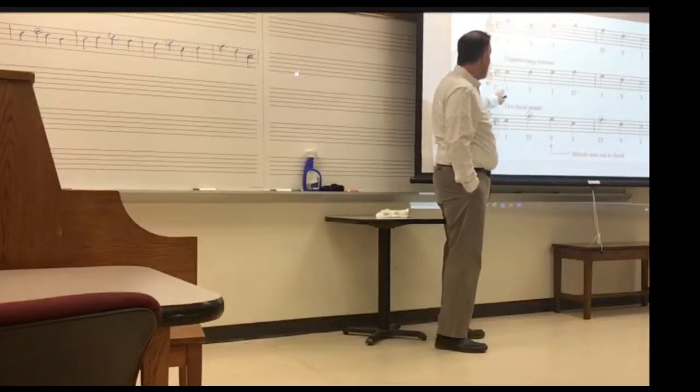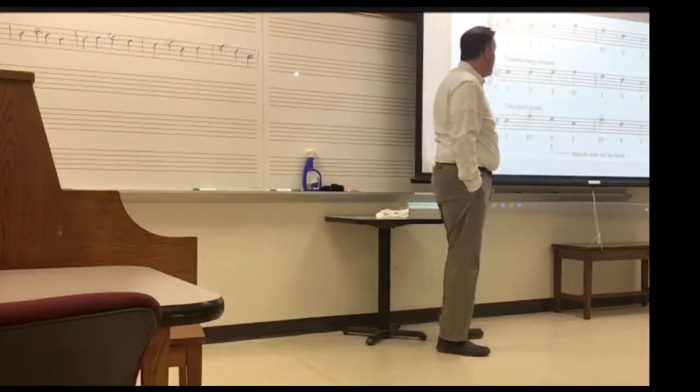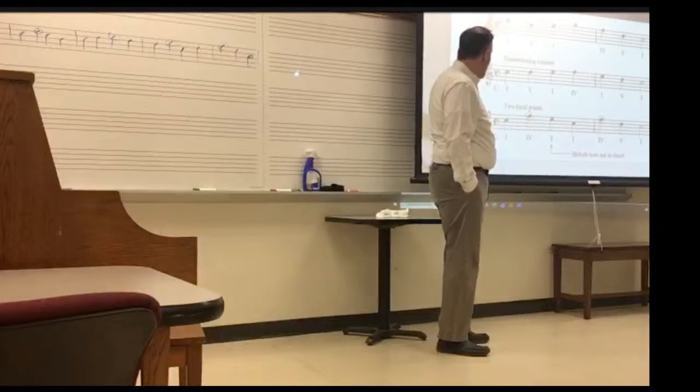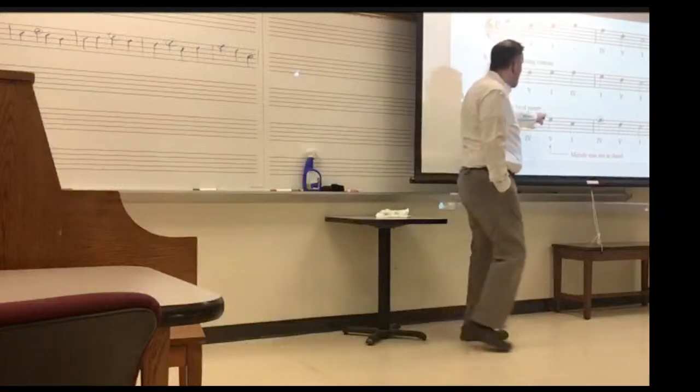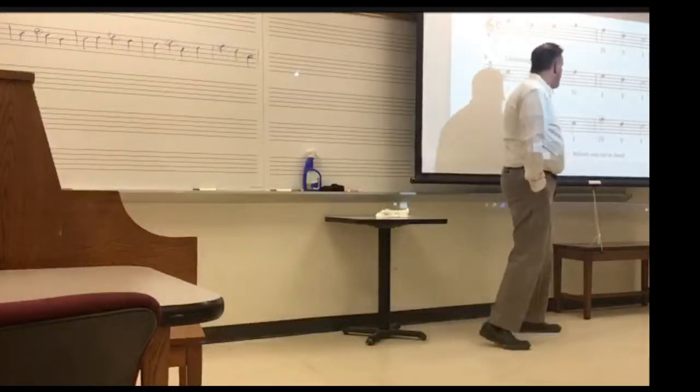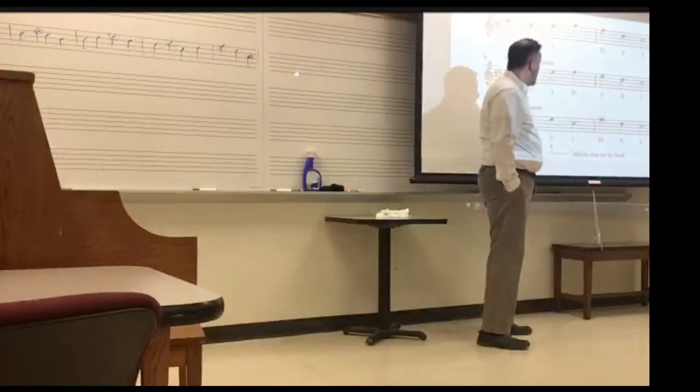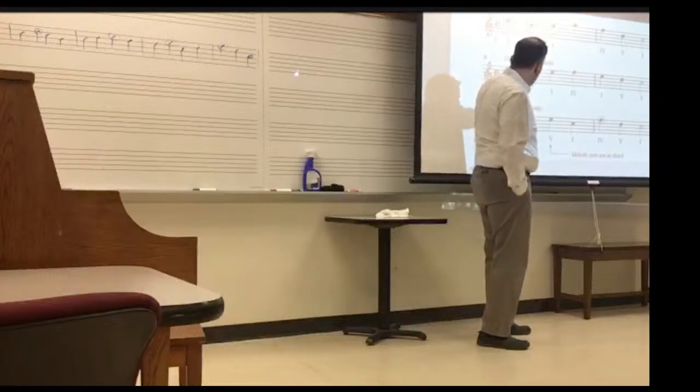And then letter C, we have the problem that there's 2 focal points. The melody is a little bit more interesting because it skips up and moves down, and then skips up and moves down.